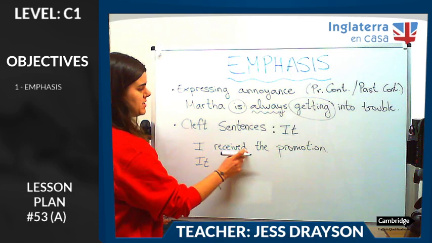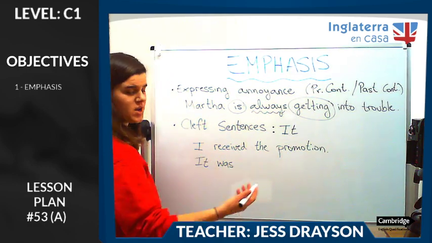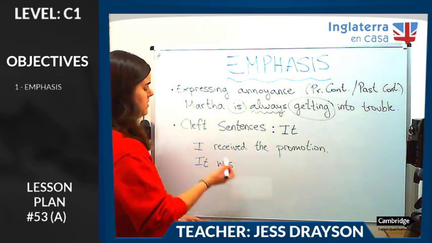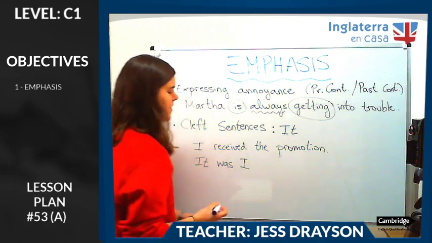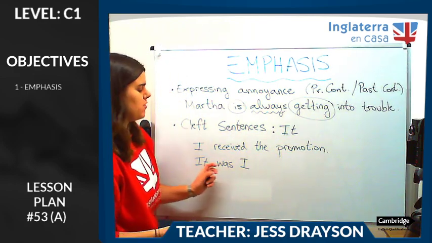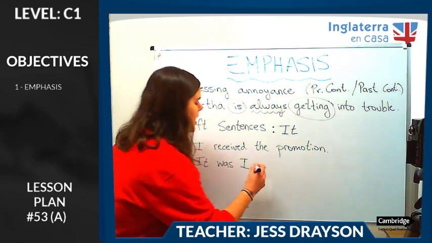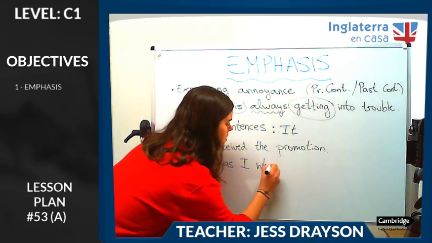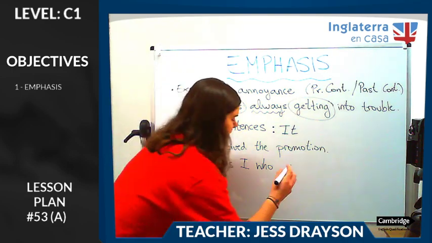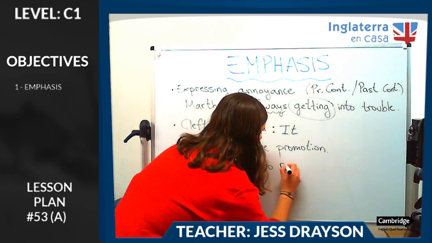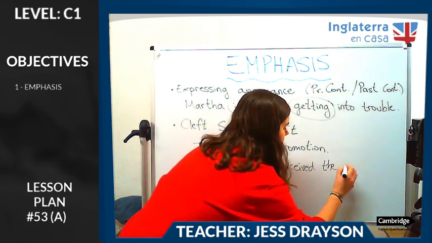Then if this is in the past, you use was, so it was, and then you put the original subject. So it was I. And now comes what I was saying before. After this, we need the relative pronoun. So it was I who, and then the second part of the sentence. Okay, so it was I who received the promotion.